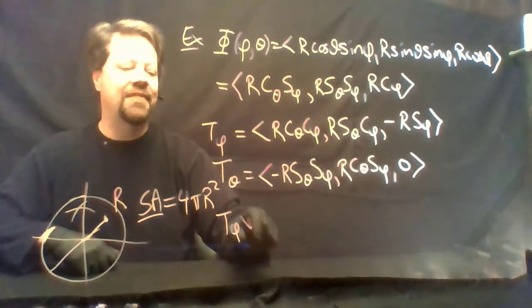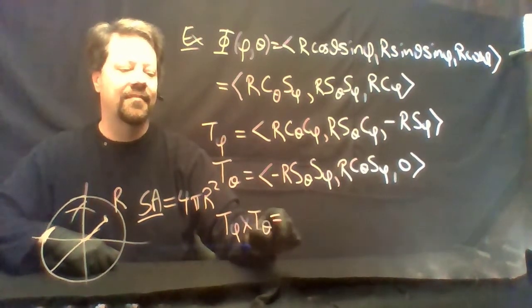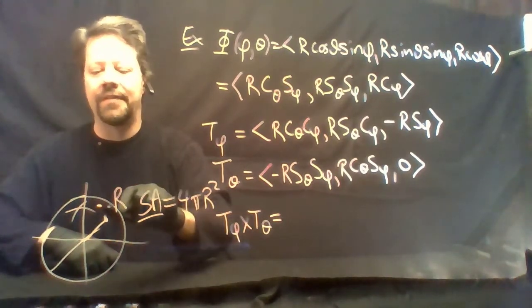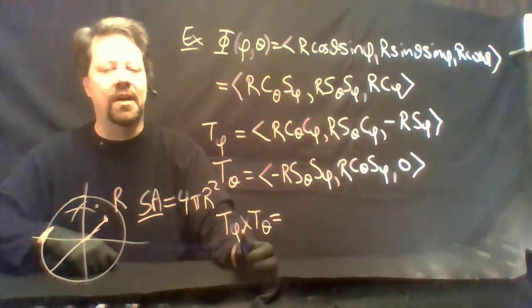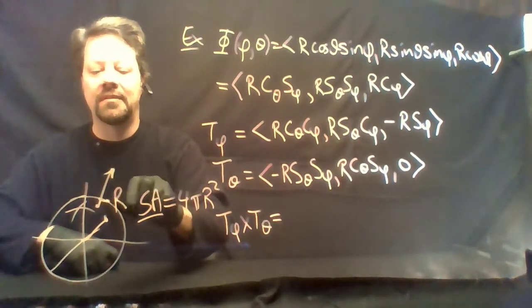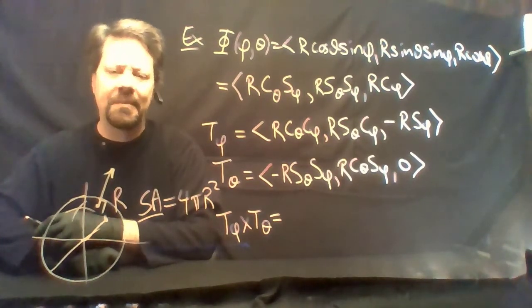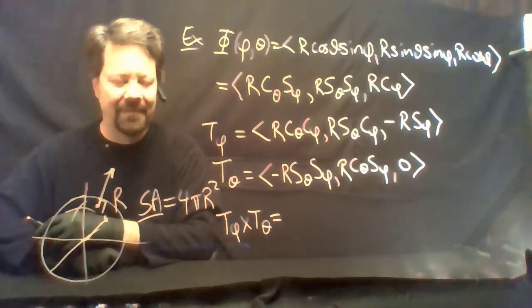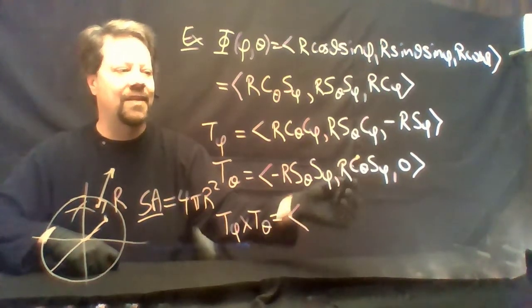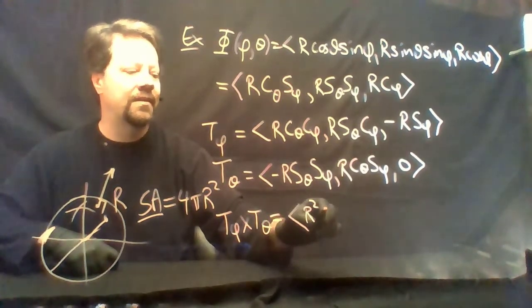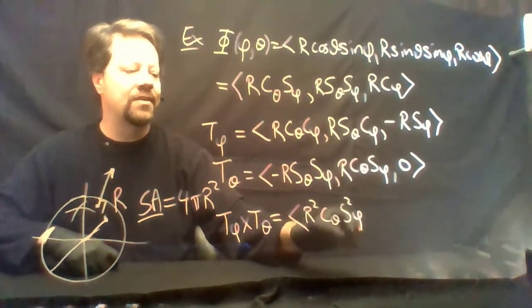Now to calculate t_phi cross t_theta. As you know, the cross product of two tangent vectors will be normal to the surface. In this case, when you take the cross product in the order t_phi cross t_theta, it ends up pointing out of the surface. This will be important for us later on when we're calculating fluxes, which requires an exterior unit normal. So, calculating the cross product, we get 0 minus a negative, that's r squared cosine theta sine squared phi.